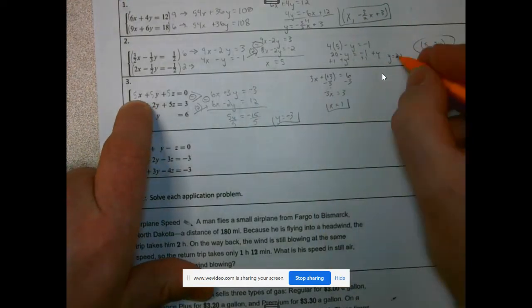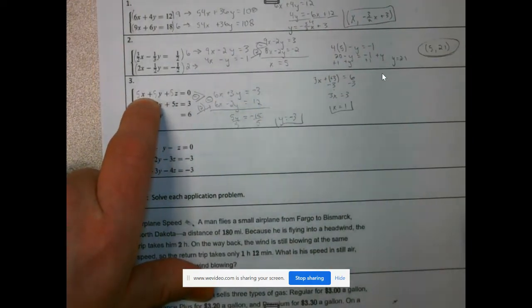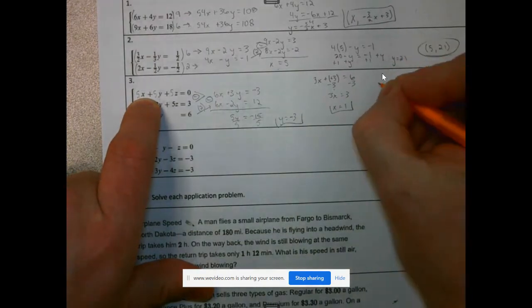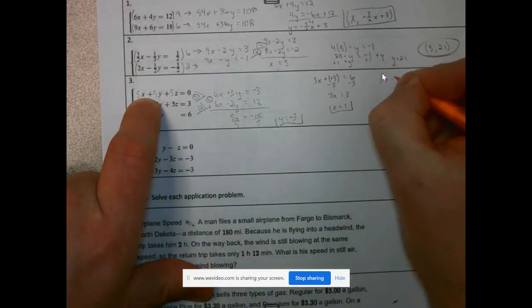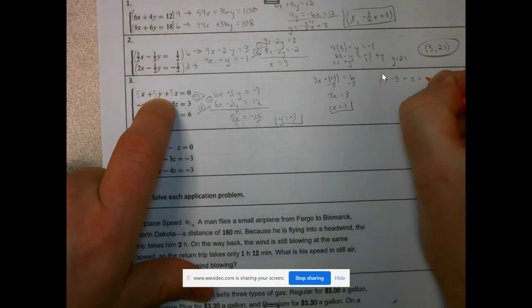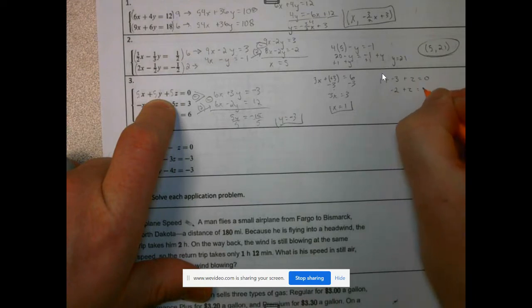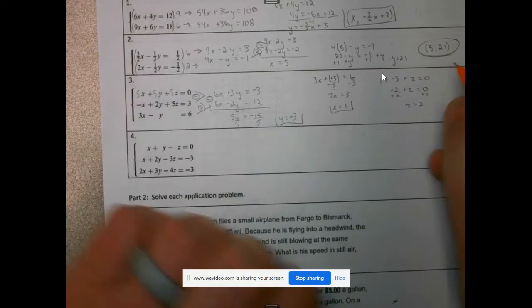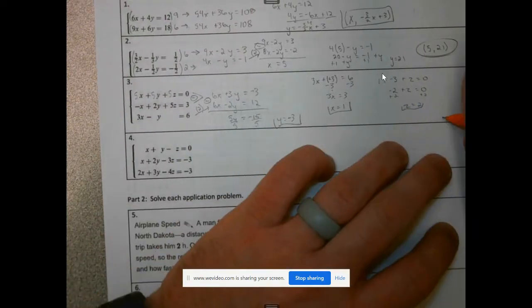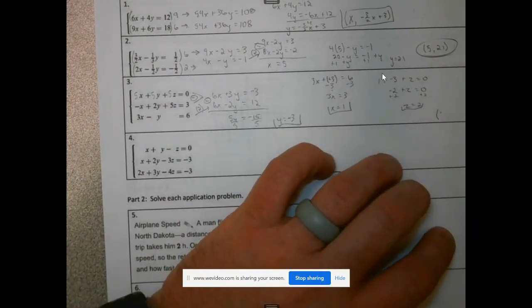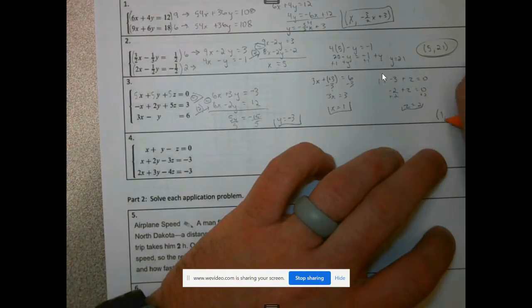We can take it into the very first original one before I multiplied by 5 and say that 1 plus negative 3 plus z equals 0. So 1 plus negative 3 is negative 2 plus z equals 0. Add 2, z equals 2. And your ordered triple here would be (1, negative 3, 2).